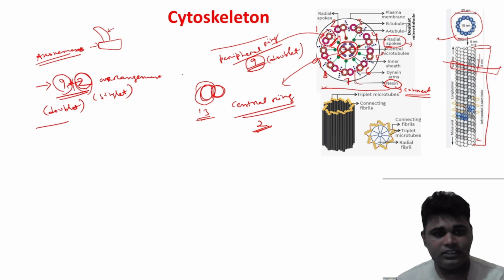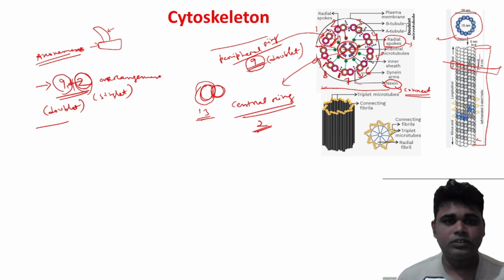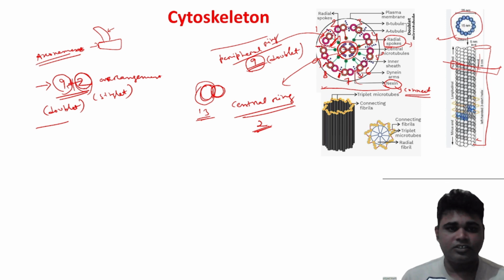So now to this peripheral link structure, a structure like this is present. Here the 3 dots, if we see them in series, this 3 dot structure is the main important structure, and that is called the dynein arm.